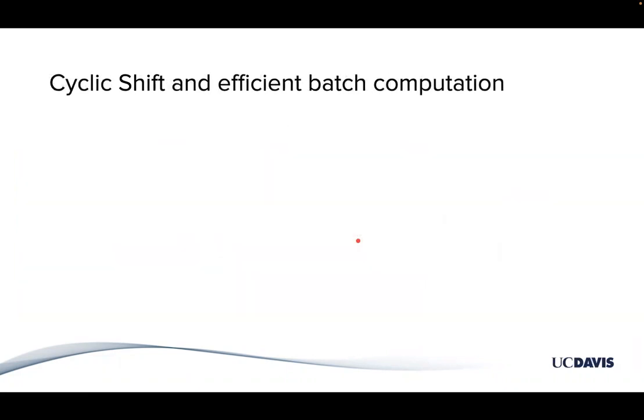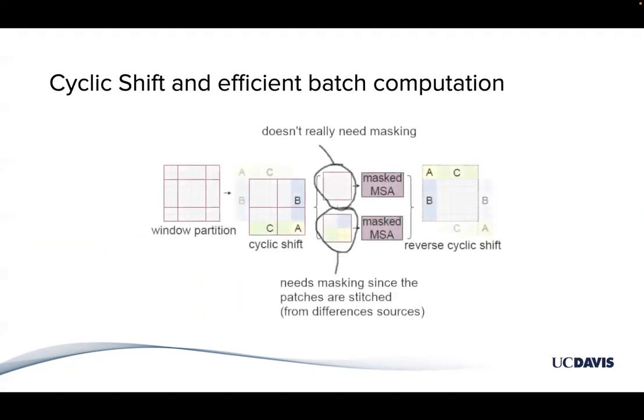Let's see how the authors overcome this problem. They do something called a cyclic shift to merge some of these windows to make them the same size as in the previous layer. A naive solution is to pad the windows to a fixed size.